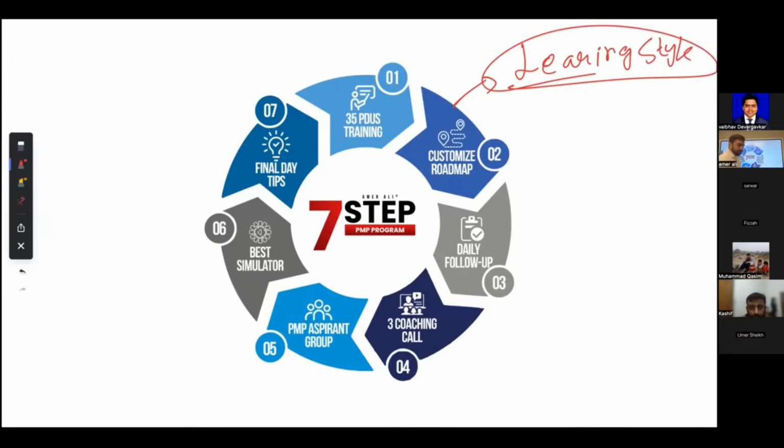Are you a book reader? If you are a book reader, I'll give you my book, Pathway to PMP. But the problem is 95% of the people cannot read a book. Let me ask you, put in the chat box, how many of you have read a book in the last 2 months, 3 months?